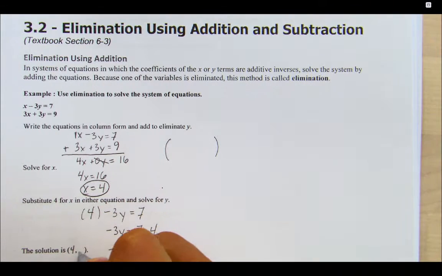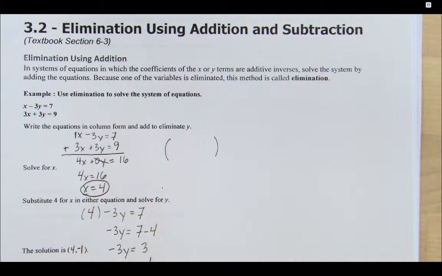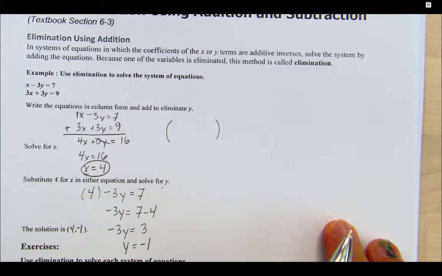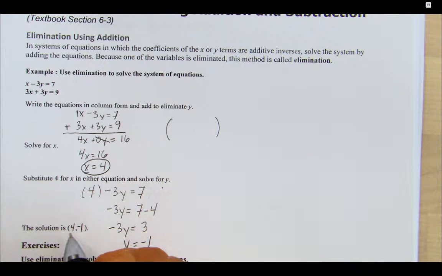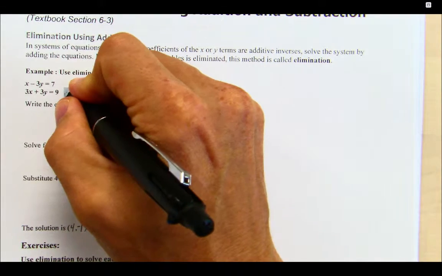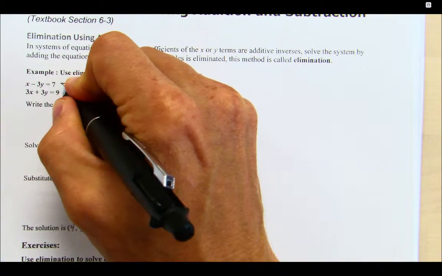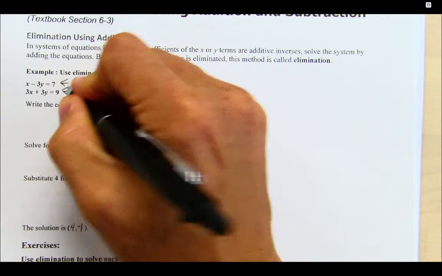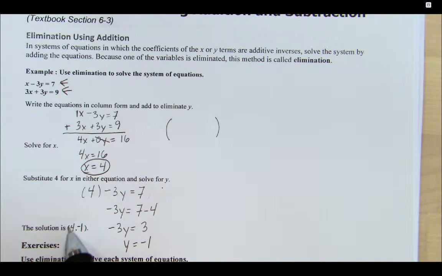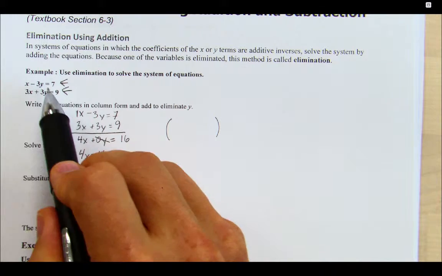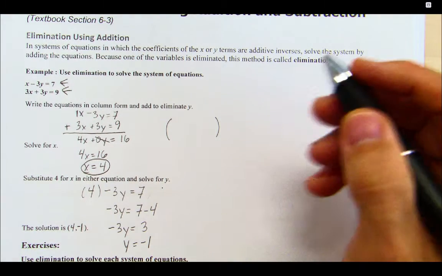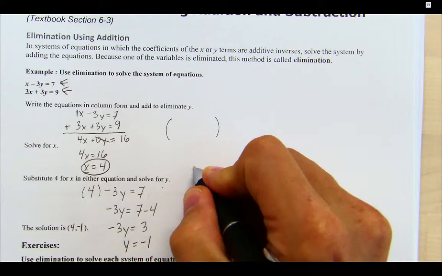Now, the beauty about these is that you should really never get them wrong because you can always check your answers. If I've got x is 4 and y is negative 1 as a solution, it's a solution for both of these equations. So when I substitute those two numbers in for their respective x's and y's, it should make both of these equations true. So let's do a check here.